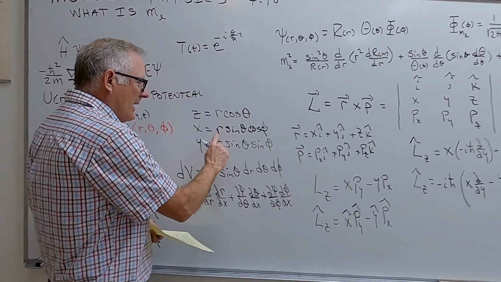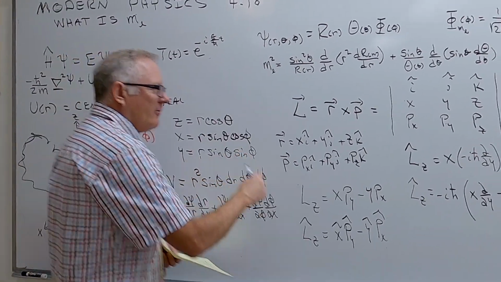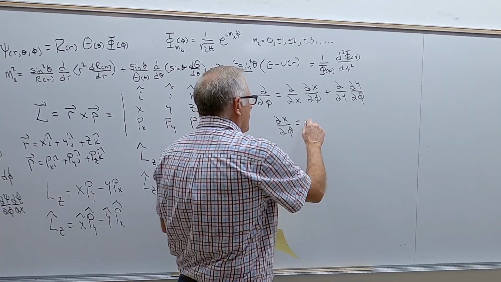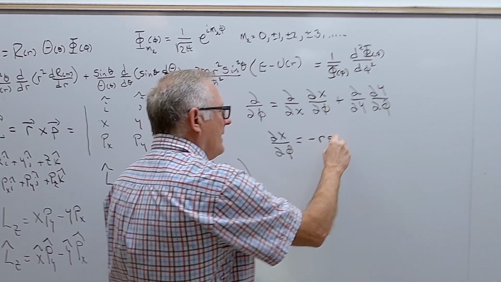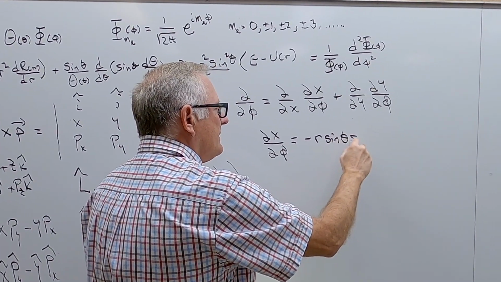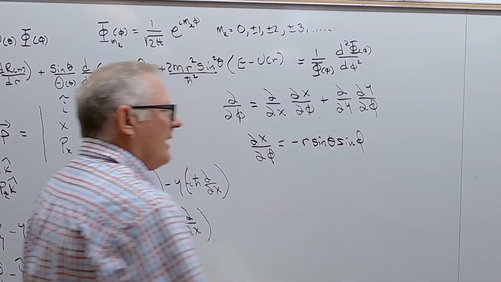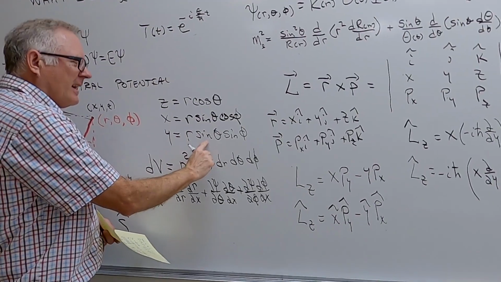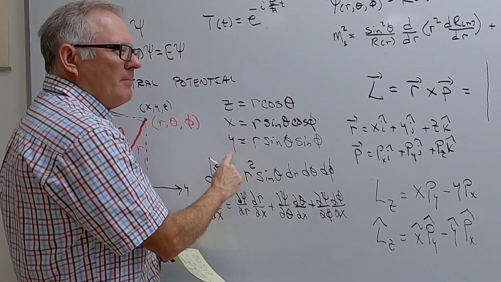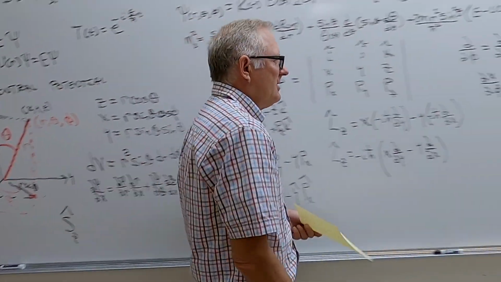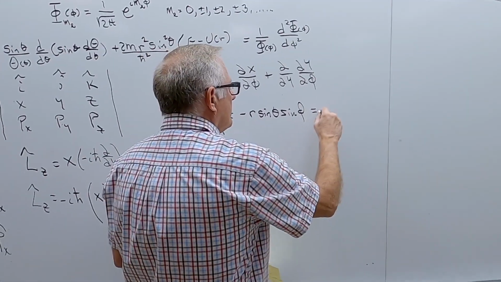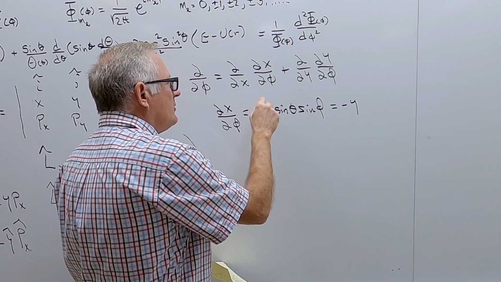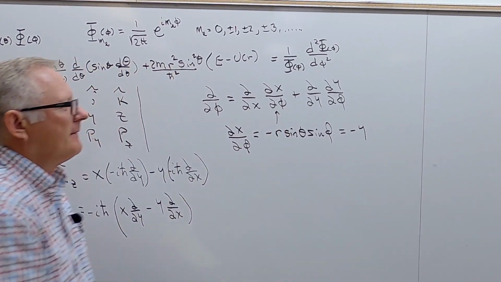So it becomes minus r sine theta sine phi. But y is r sine theta sine phi, so it must just be minus y. So that's what this term is right there.